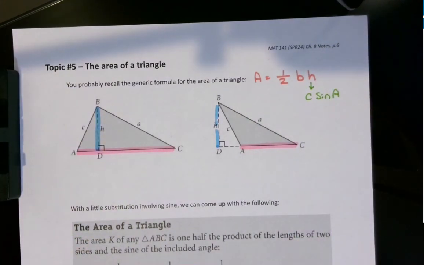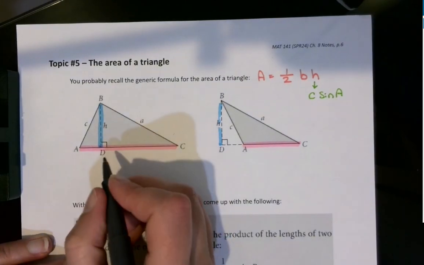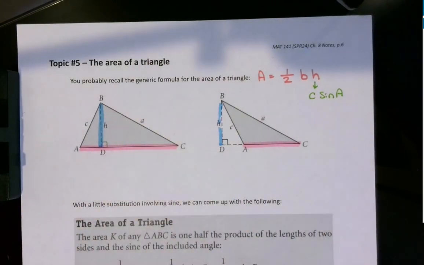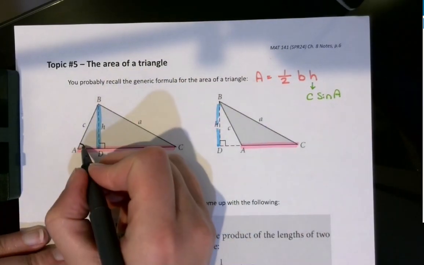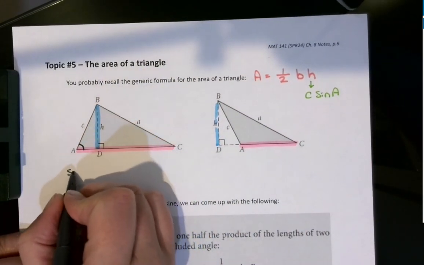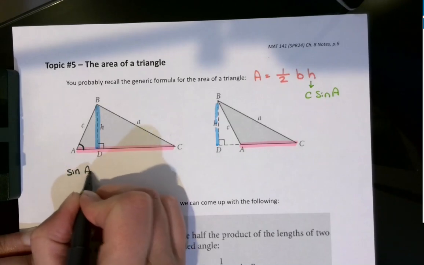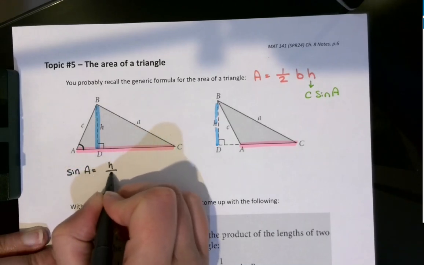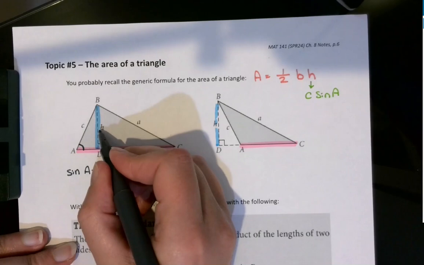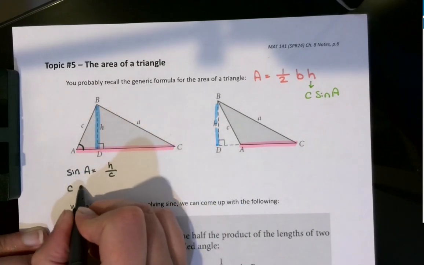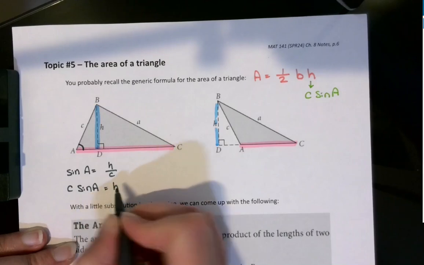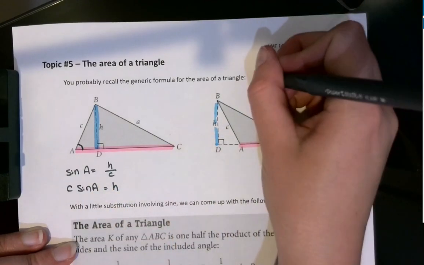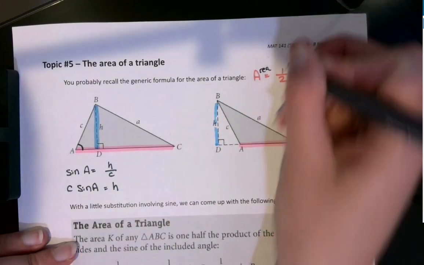So we're able to write the area of this triangle using the same kind of idea we use for law of sines. Let's look at it how we looked at it originally. If I look at angle A, the sine of A is equal to H over C, right? Opposite over hypotenuse. So C sine A is equal to H. Now this A stands for area.